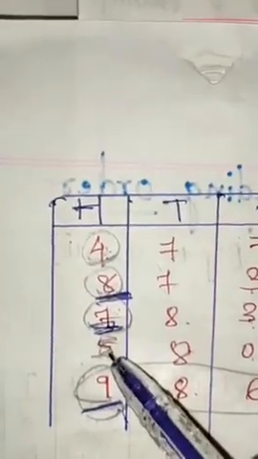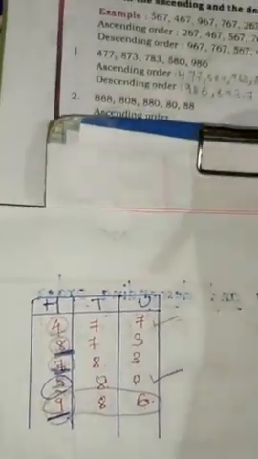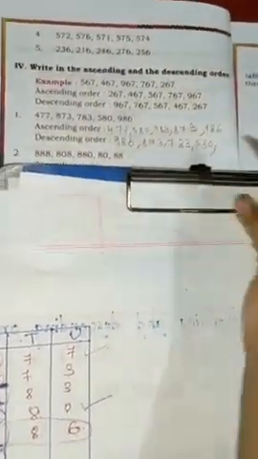Next, which is the biggest number here? 4 or 5? 5. So 580 is the next biggest number. So 580. Next, which is the biggest number here? After the 5, 4. Yes, of course, the remaining one is 4. So 477 is the next biggest number.